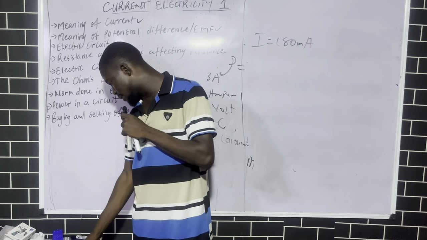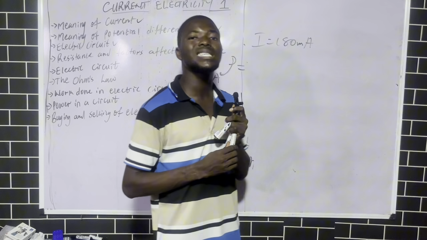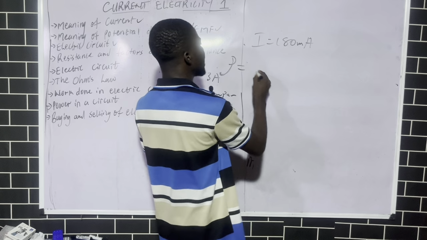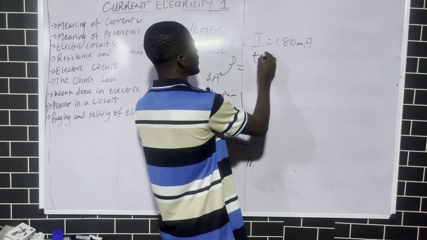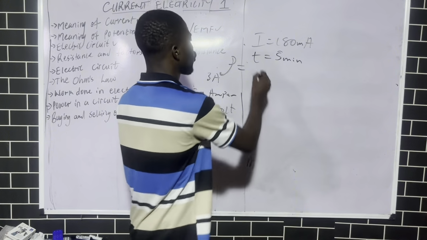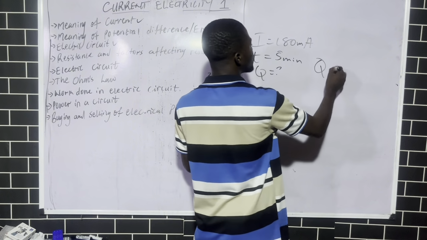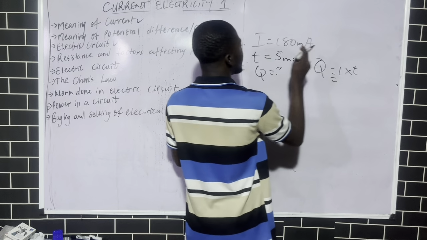A current of 180 milliampere flows through a conductor for 5 minutes. The quantity of electricity is what? The current of 180 milliampere flows through this for t equals 5 minutes. What is the quantity of electricity? Quantity means charge, Q. So from our formula, we say Q is equal to I times t, 5 minutes.